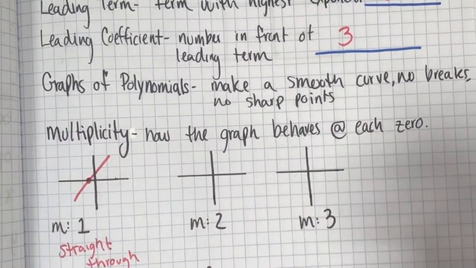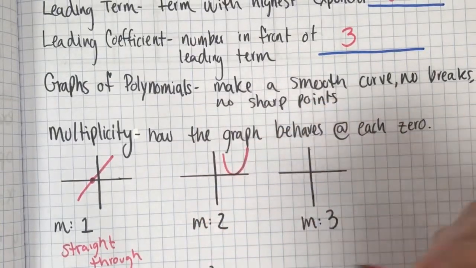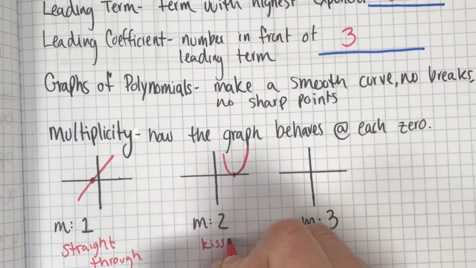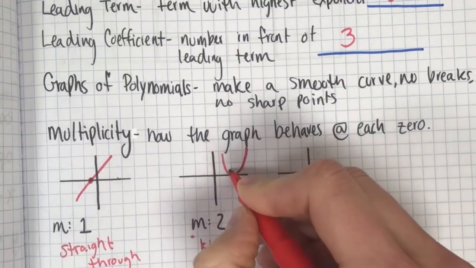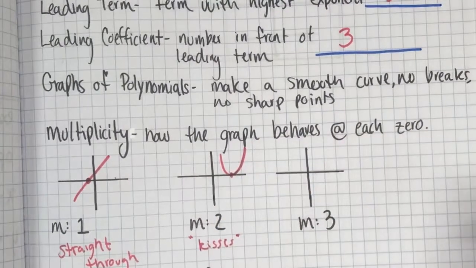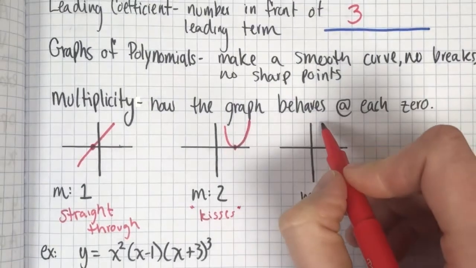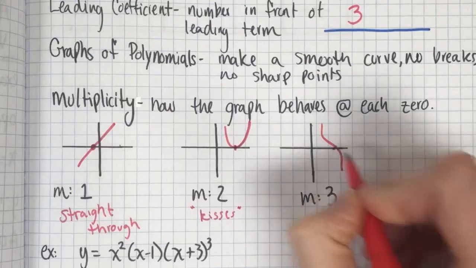All right, if it's a multiplicity of 2, it touches the 0 and then comes right back up. And I like to call this, it just kind of kisses that axis and comes down and right back up. And then with a multiplicity of 3, it bends at our axis.